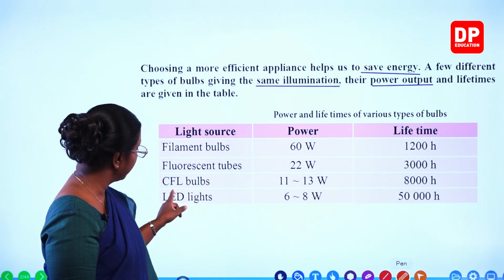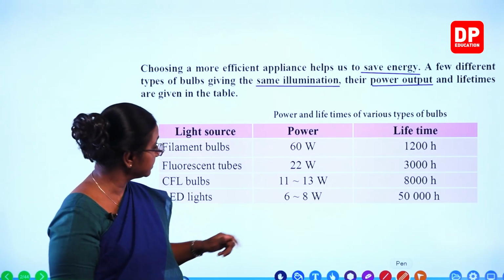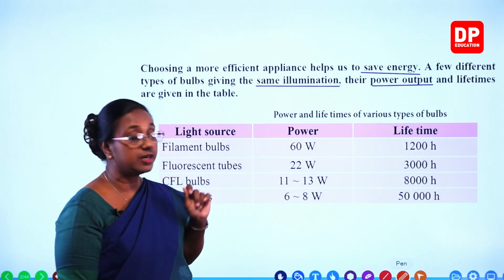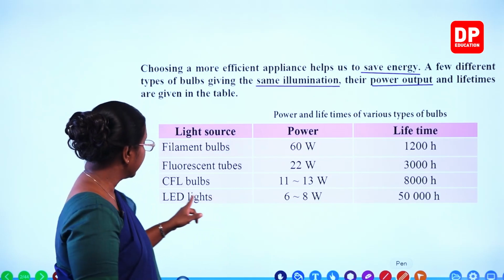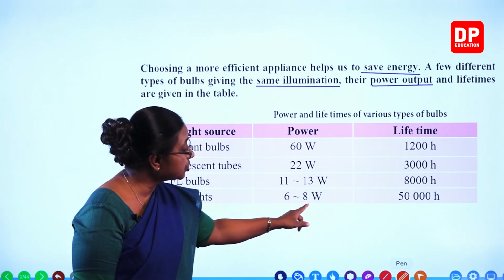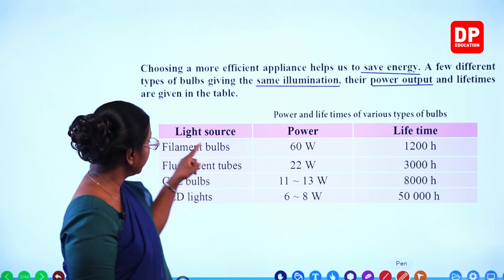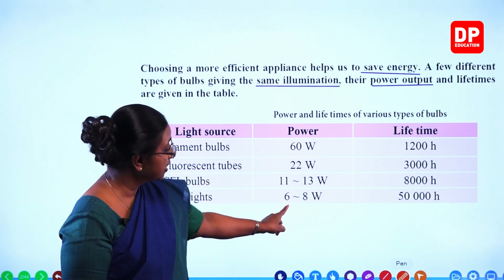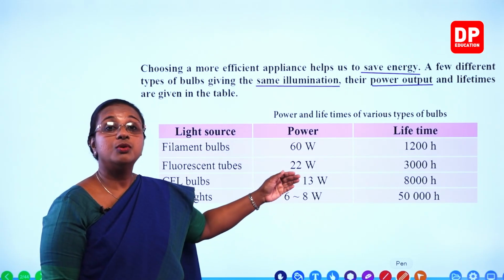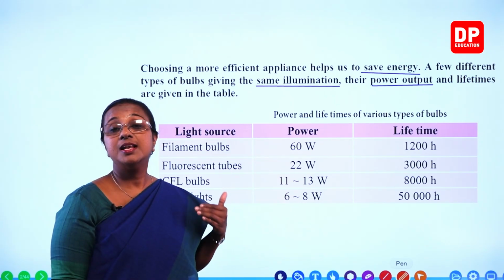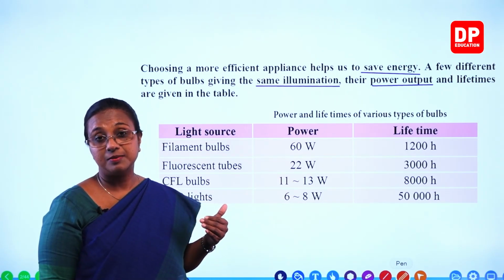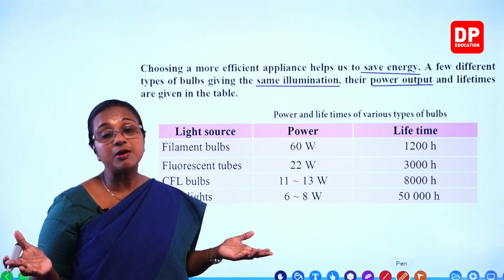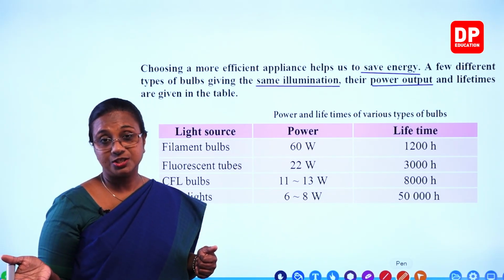Whereas the CFL bulb, the compact fluorescent lights, consume 11 to 13 watts. And the LED lights, 6 to 8 watts. Now, if you take a filament bulb and an LED light, you can see 60 watts, 6 to 8 watts. So, almost 10 times less than the filament bulb. But it gives the same amount of light, same illumination.